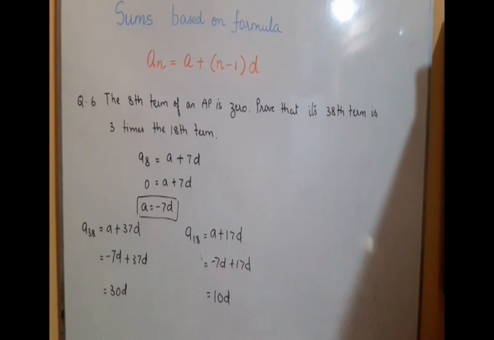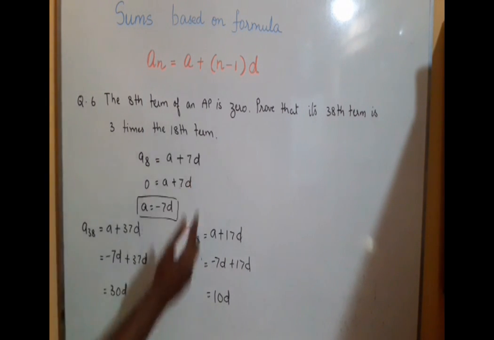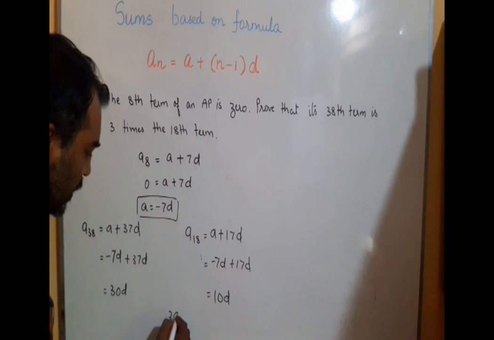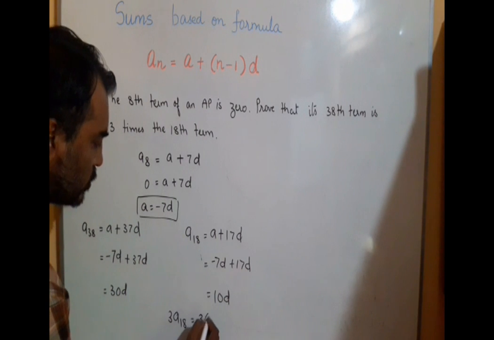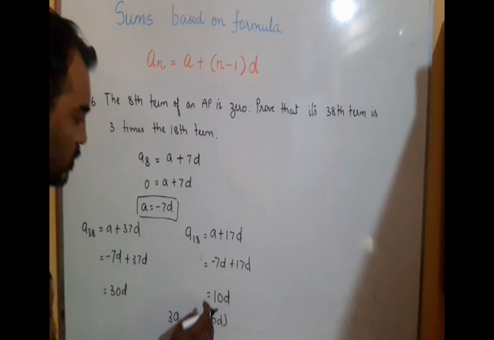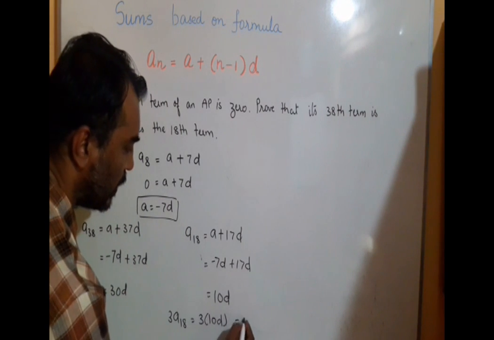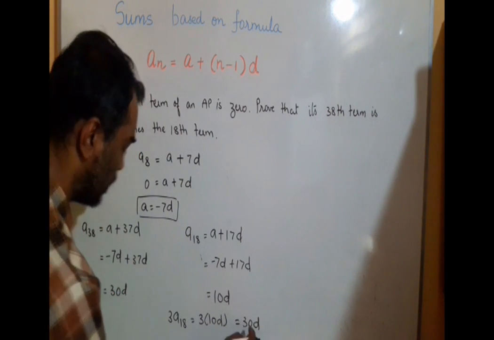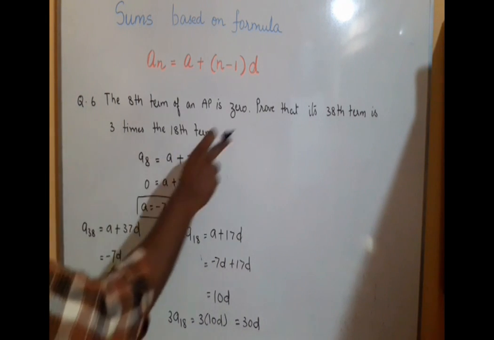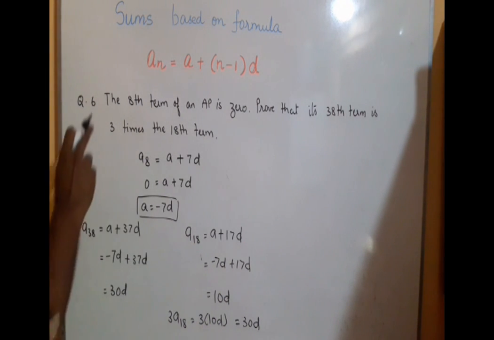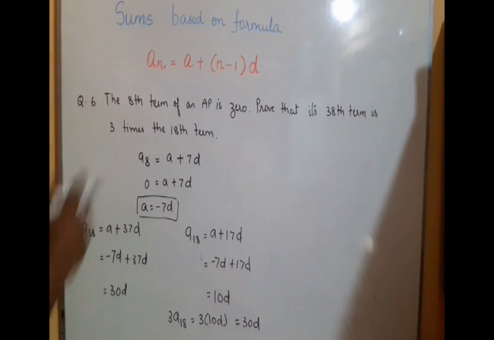So now what have we got? 3 times the 18th term is 3 into 10D, because the 18th term is 10D, so we get 30D. But 30D is also the 38th term. So we have proved in this sequence that 3 times the 18th term is also the 38th term. So this is one more way we are using this formula to prove what we need to prove.